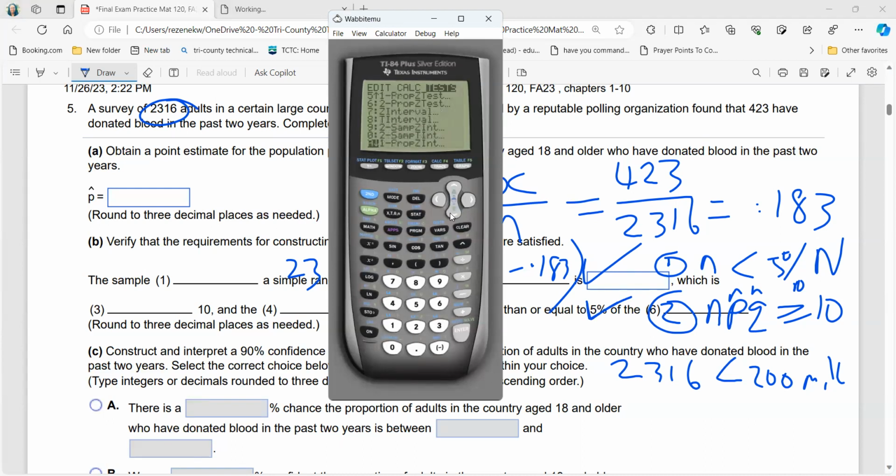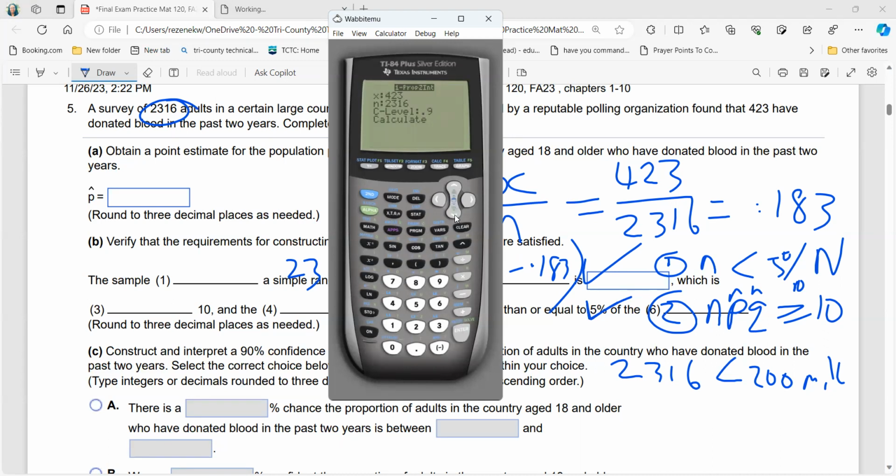One-prop Z interval is option A, so I'm going to select that. It asks, what is the number of people who donated blood? The number who donated blood was 423. What is the number of people who were polled? 2316 were polled. What is the level of confidence? 90%, so I'm going to put 0.9 there.